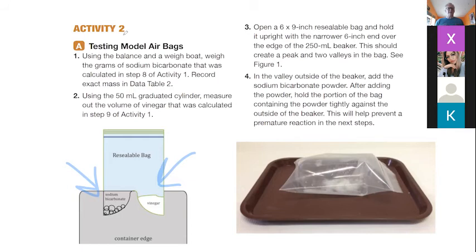Basically what I did was put the vinegar in first, then threw the bicarb in and closed it. Either way, you have to do it fast because this reaction happens fast. Not nearly as fast as azide decomposing, that happens really fast, but it happens fairly quickly.